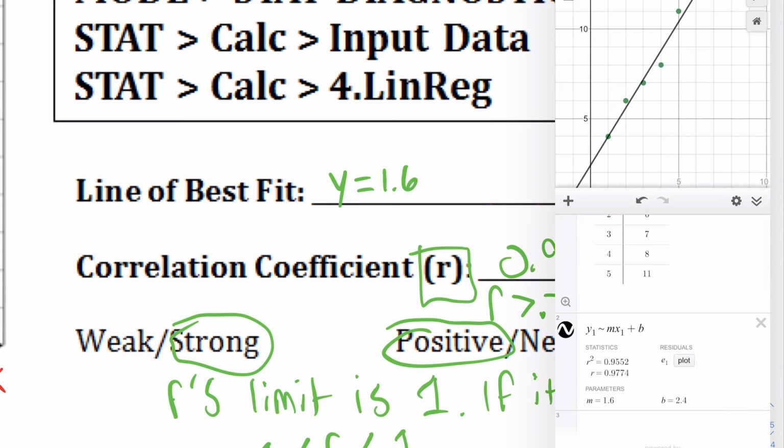Desmos calculated the best slope to match a linear graph with your data. The best slope was 1.6. The slope always multiplies to x, and then the best b to match our data is 2.4. So we're going to put plus 2.4. I got those numbers from right there down at the bottom on Desmos.